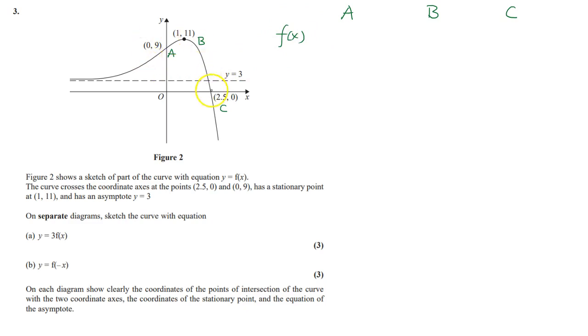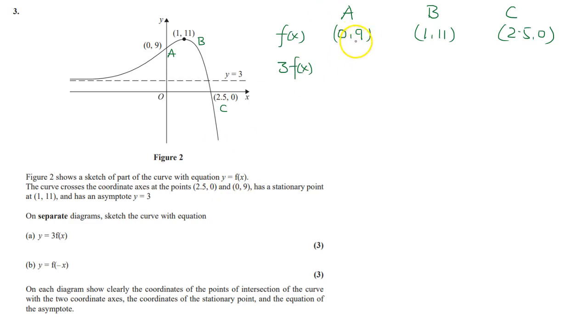f(x) is for the original curve, the curve C. So this is 0, 9. This is 1, 11. And this one is 2.5 and 0. Now y is equal to 3f(x). You know that y is equal to f(x). 3 means y is 3 times.